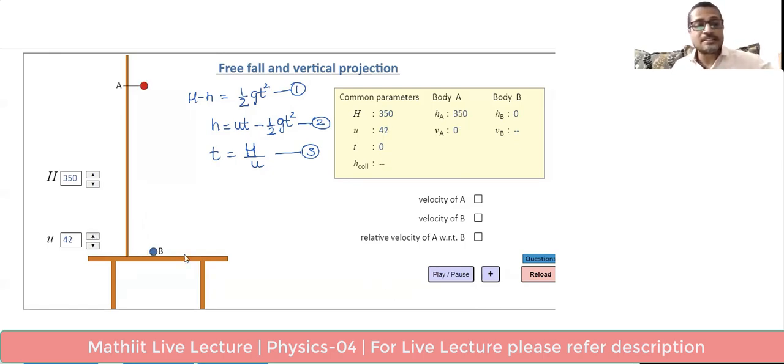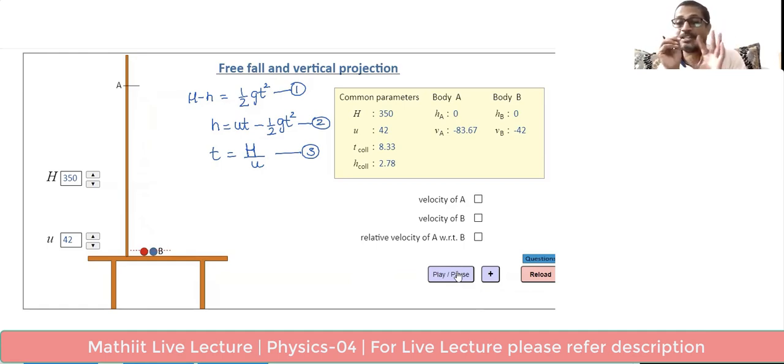Let us increase this by just about 2 meters. Reload. B has reached the maximum height. B is coming down and A is catching up really fast, just at the ground. Doesn't this prove that there should be some minimum velocity with which you should project B?